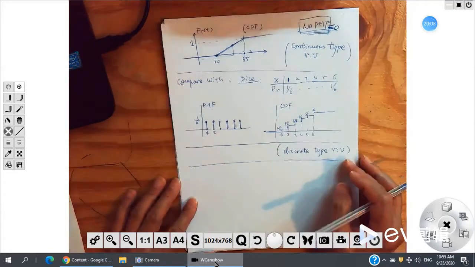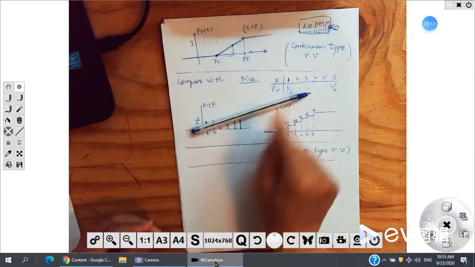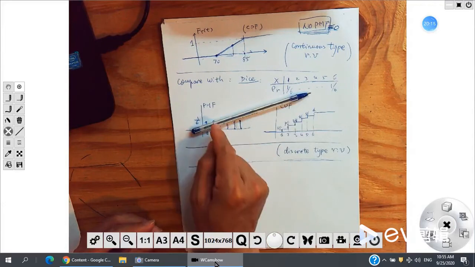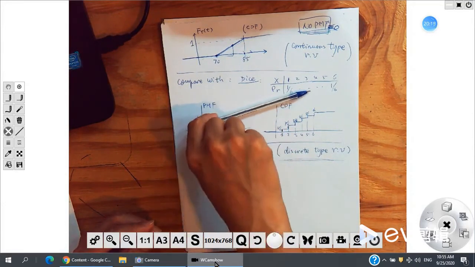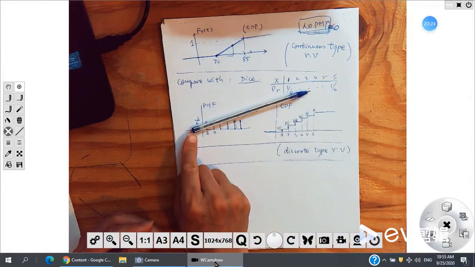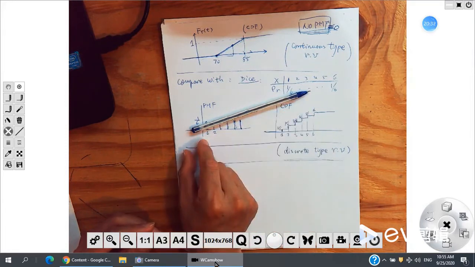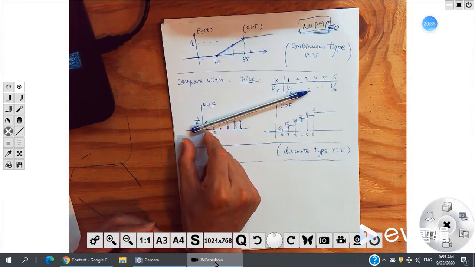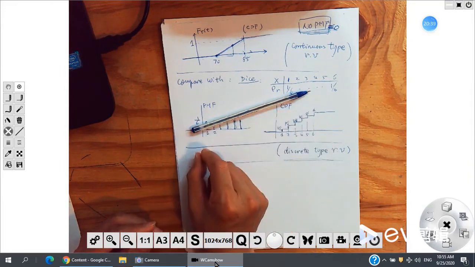Like you have a bar, and each point of the bar may have a different density. Here you have metal, so the density is higher, and on this side it is totally plastic, so the density is lower. When you want to calculate the whole mass, you integrate all the density together, and you get the mass.